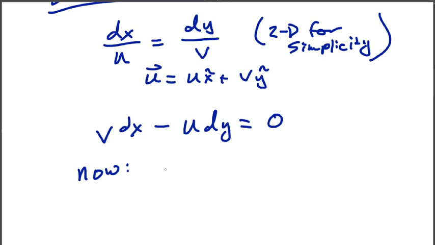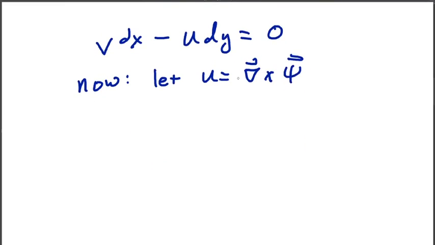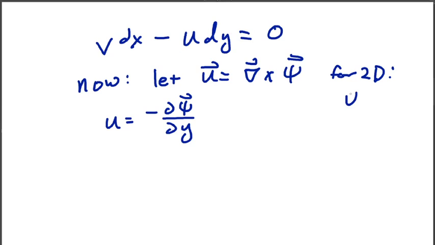Now, let u equal the curl of psi, our stream function. So now let's insert that definition of the u vector for its x and y components. So the u component, non-vector, the x hat component, is d psi dy, and psi here for 2D is in the z direction.